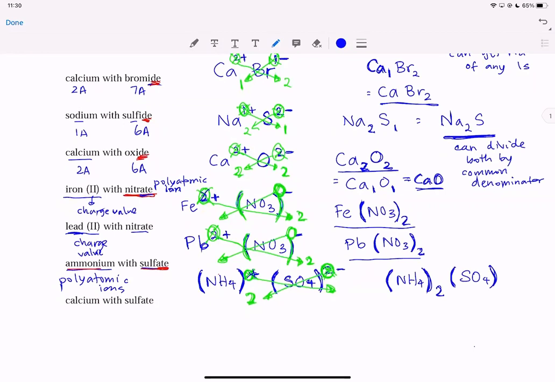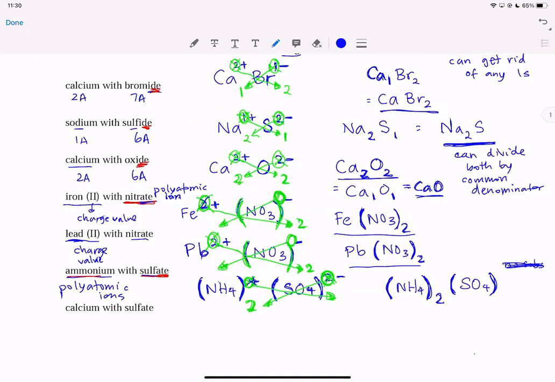So when there's nothing outside of the parentheses, when there's no subscript outside of the parentheses, you can get rid of the parentheses. This is similar to the idea of simplifying.